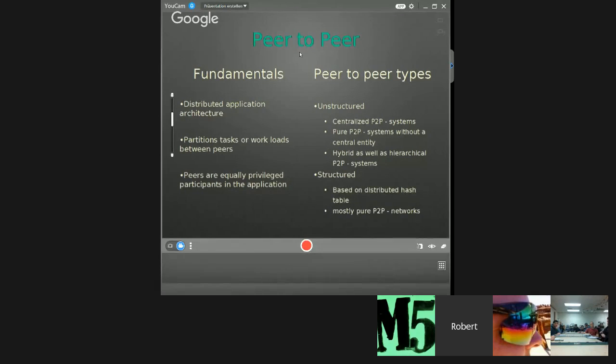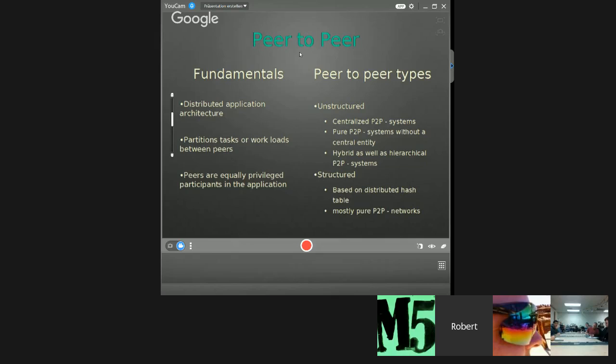That is the so-called structured peer-to-peer networks. They are based on distributed hash tables and are mostly pure peer-to-peer networks. The key of these structured peer-to-peer networks is that they hold a search index which is distributed over all peers in the network.